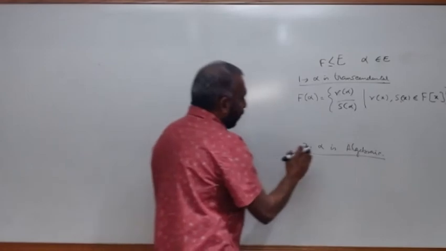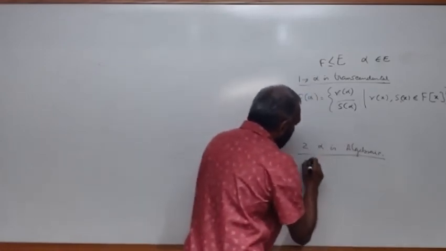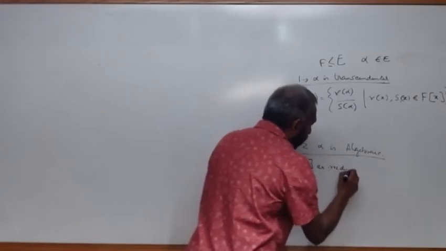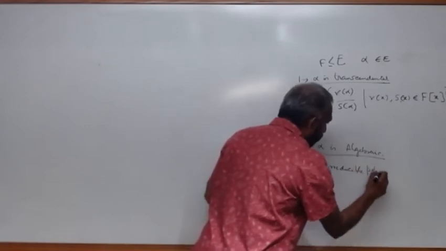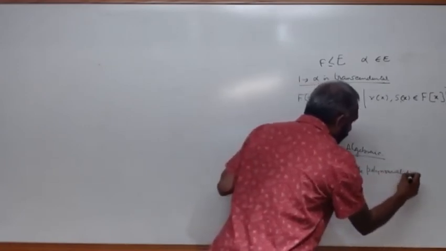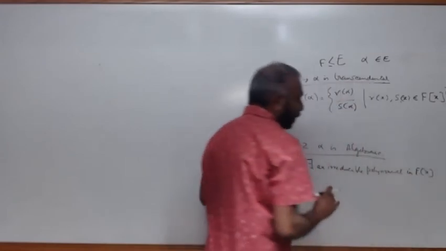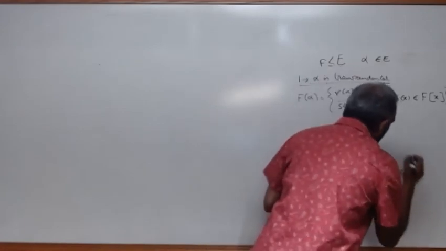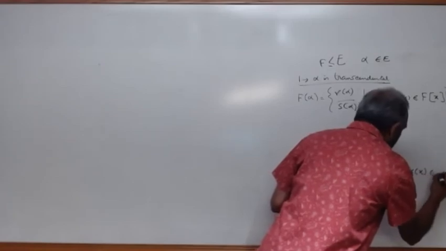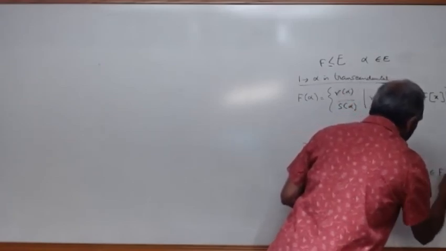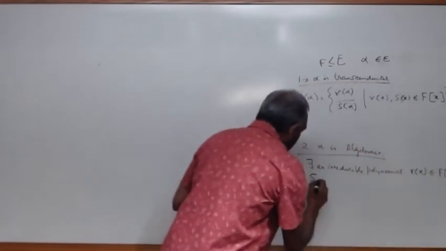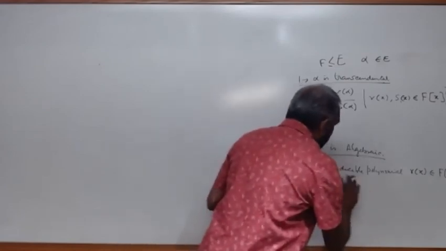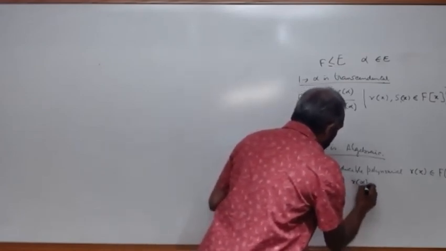But when alpha is algebraic, this means that there exists an irreducible polynomial, let us say r of x, in F of x, such that r of alpha is equal to 0.